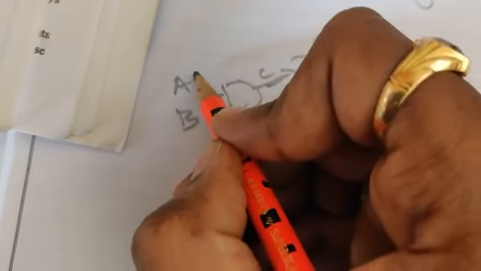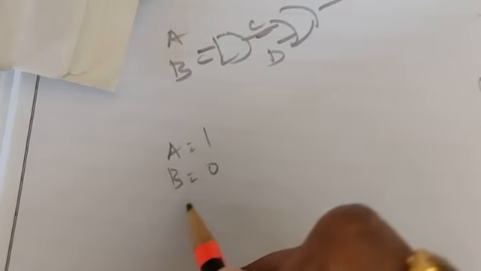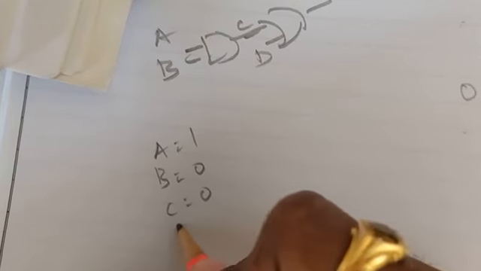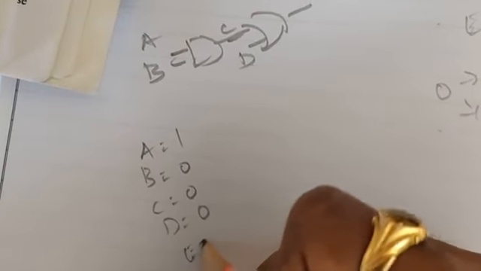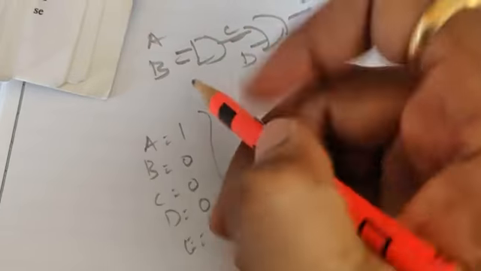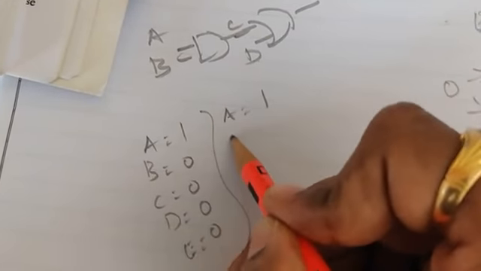This is basically A equal to 1, B equal to 0, so C is obviously 0 and D is equal to 0. So 0 plus 0, E will be 0. This is the first thing. A is equal to 1 and remains as it is. B will change to 1 now.